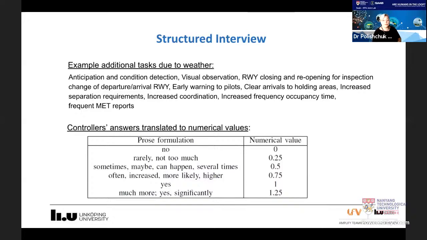These tasks may include anticipation and detection of the weather, visual observation, arrival clearances on holding areas, increased frequency, occupancy time, and frequent meteo updates. The controllers answered in rows, yes, no, rarely, maybe, often, and we quantified or translated these into numerical values as shown in this figure.